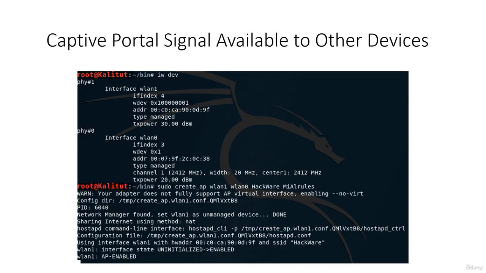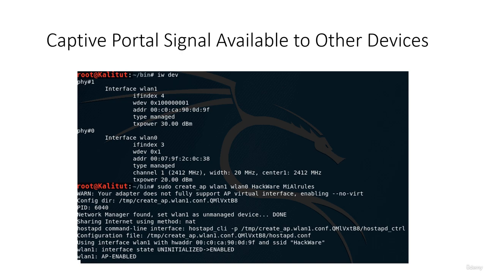After that, if a string appears, as you can see, wlan1 or 0 AP enabled, then everything went well. The command above creates an AP, the connection to which is not password protected.